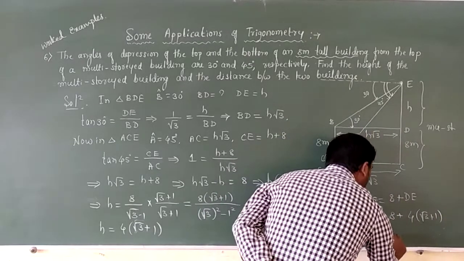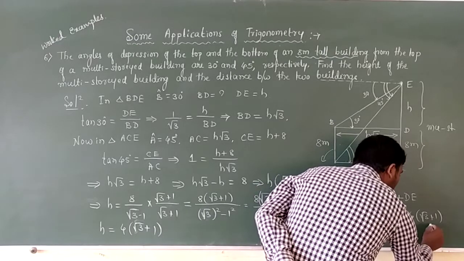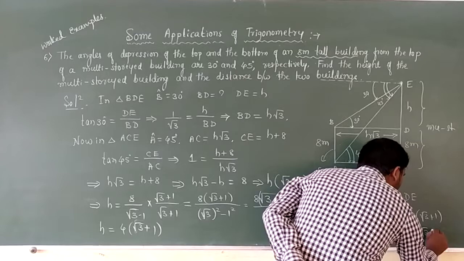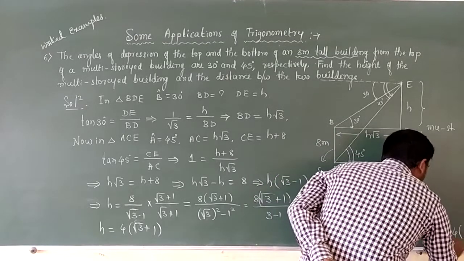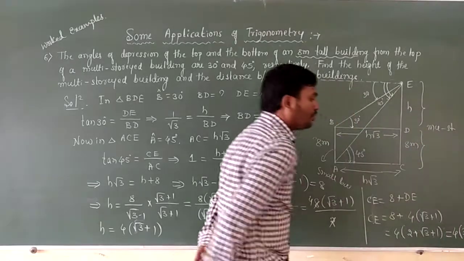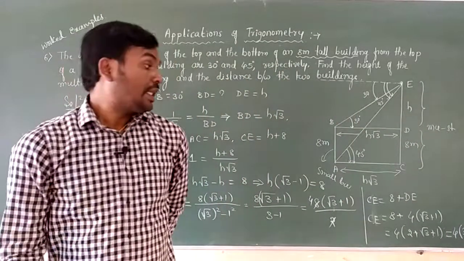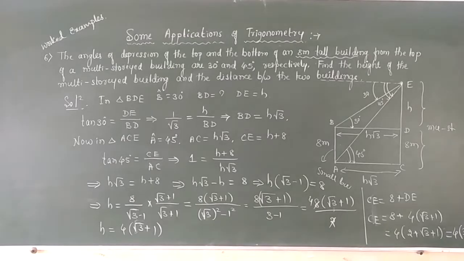Here we take 4 common outside: 2 plus root 3 plus 1. So this is equal to 4 into (3 plus root 3). That is the total height of the multi-storied building: 4 into (3 plus root 3) meters.